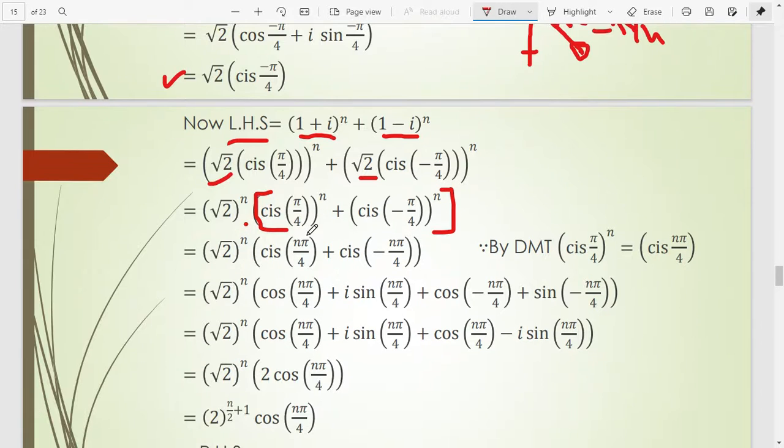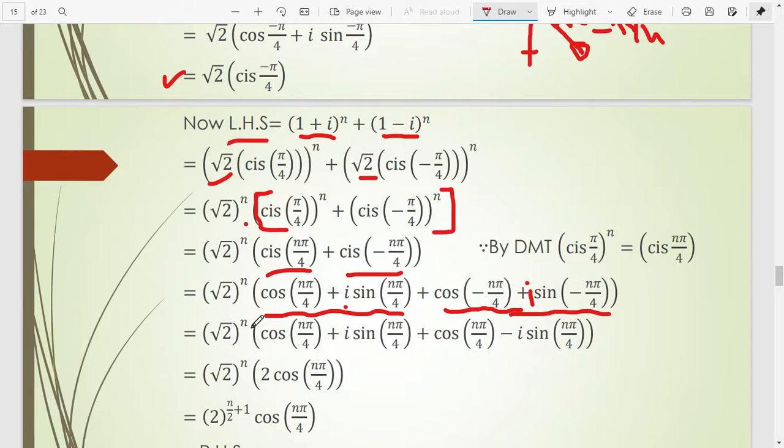Now by De Moivre's theorem, (e^(iπ/4))^n is equal to e^(inπ/4) and (e^(−iπ/4))^n is equal to e^(−inπ/4), and now e^(iθ) is equal to cos θ + i sin θ, so e^(inπ/4) is equal to cos nπ/4 + i sin nπ/4, plus e^(−inπ/4) is equal to cos(−nπ/4) + i sin(−nπ/4).